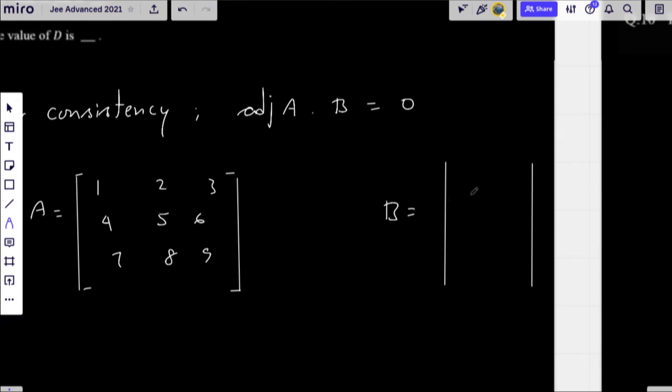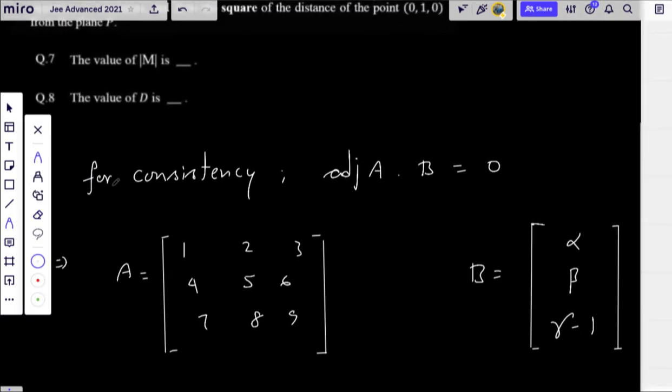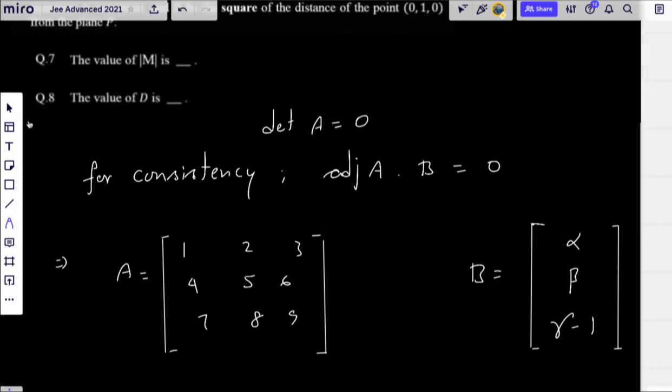Coefficient means determinant of A will become 0. And B we are writing as the matrix alpha, beta, and gamma minus 1. Here you can say that determinant of A will become 0. We can see over here that the determinant of A is also 0, as you can evaluate from here.